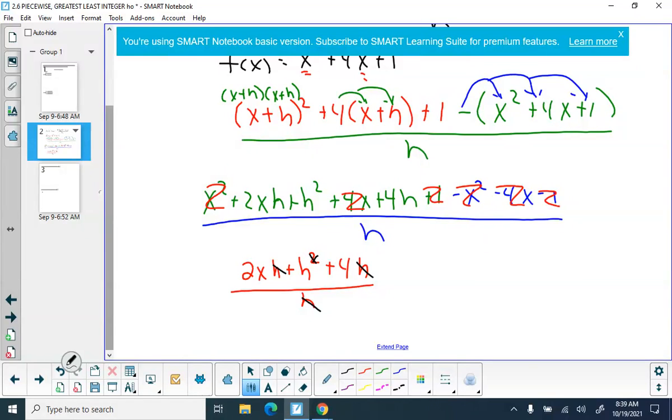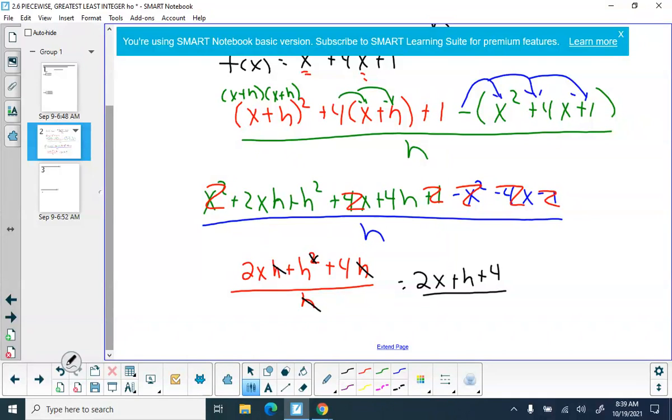So you're left with 2x plus h plus 4. Once again, this will be thrown into what is called a limit. When you get into calculus, there's a limit. And the limit will be, h will be approaching a value of 0, so the h's will cancel out then. So you're left with 2x plus 4.